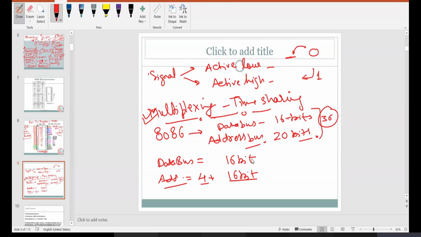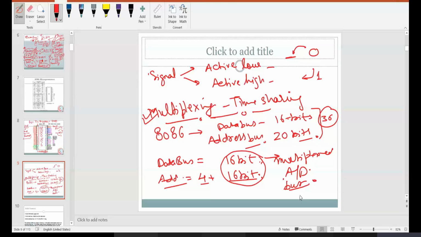They combined the 16 bits of the data bus with the lower 16 bits of the address bus, and this becomes the multiplexed address/data bus. 16 bits of data and 16 bits of address have been combined.